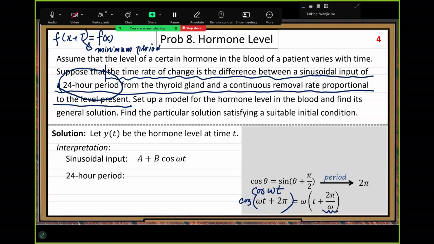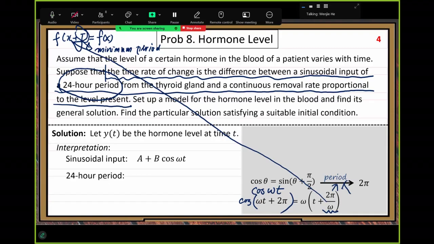Compared to our f of x plus T, x corresponds to t, so this corresponds to capital T. So the period is 2 pi over omega. All right?